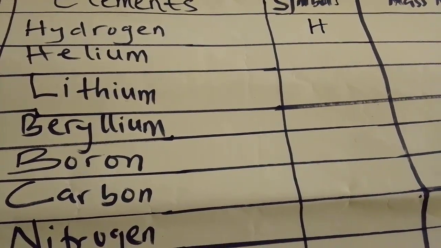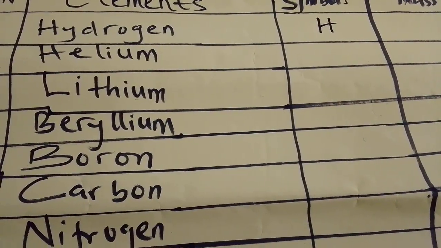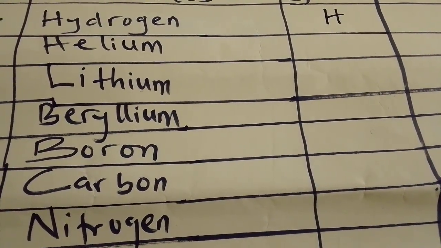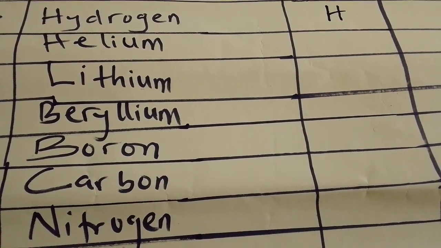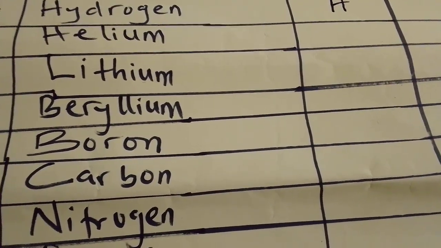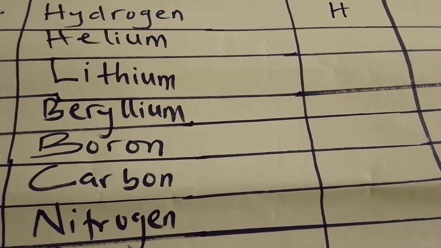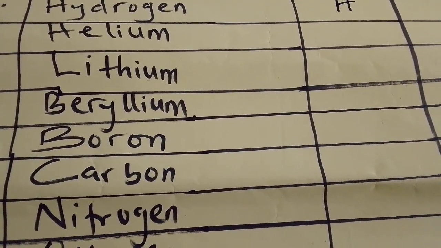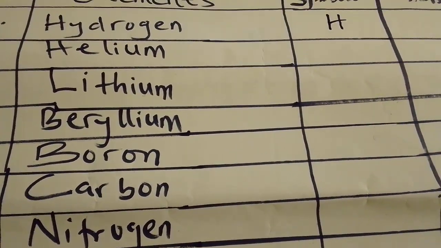In a situation where an element has two letters as its symbol, the first letter should be capital, while the second letter must be small. I hope this is understood.